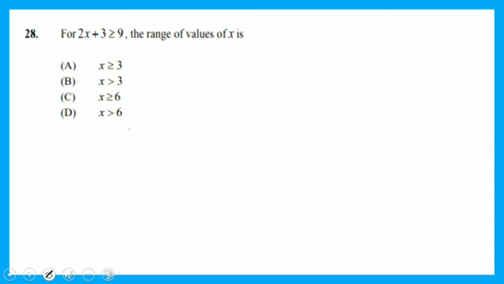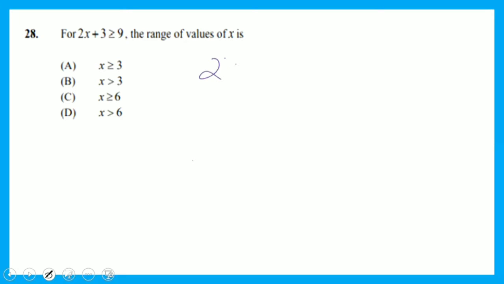The range of values of x is, and you should know that inequalities work pretty much the same as how equations work when you're solving them, except for one simple rule, which won't even come up in this question.